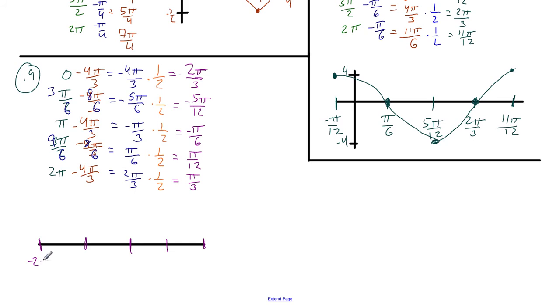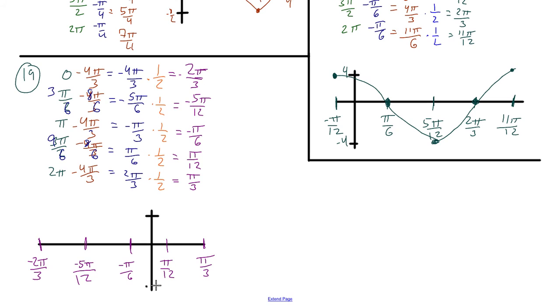So we get negative 2 pi over 3, negative 5 pi over 12, negative pi over 6, pi over 12, and finally pi over 3. This is a negative pi over 6, which is a negative 2 pi over 12. So the y-axis is actually going to be closer to pi over 12 by just a little bit.